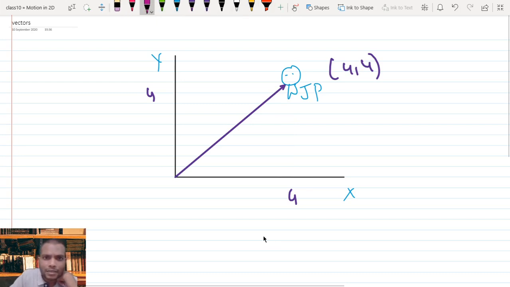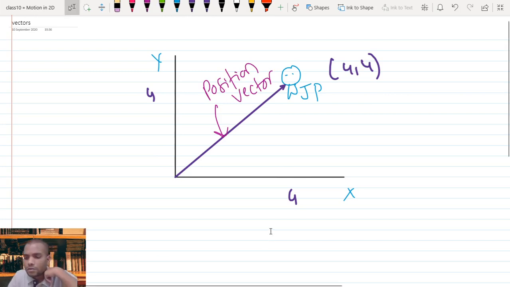This vector is known as the position vector. The position vector gives the position of an object with reference to the origin of the coordinate system.